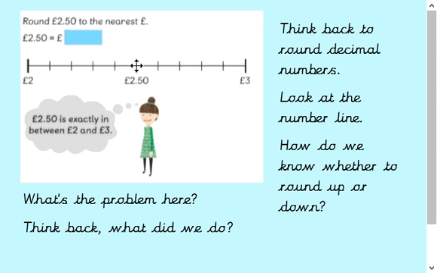We should remember that we always round up when we are halfway. So although it is just as close to £2 as it is to £3, if we were rounding it to the nearest pound, we would round the number up. So £2.50 rounded to the nearest pound would be £3.